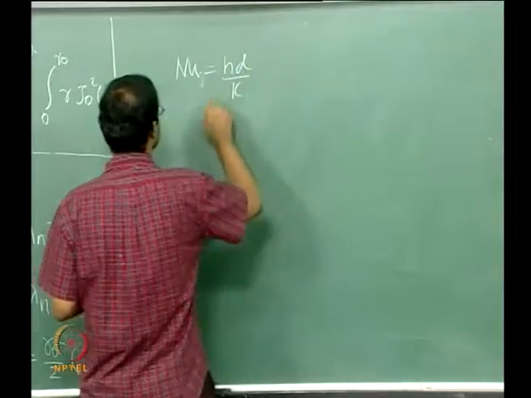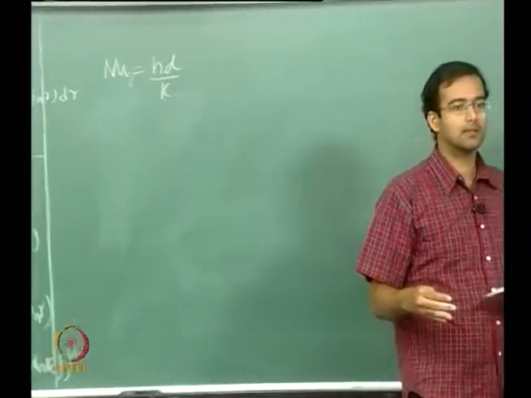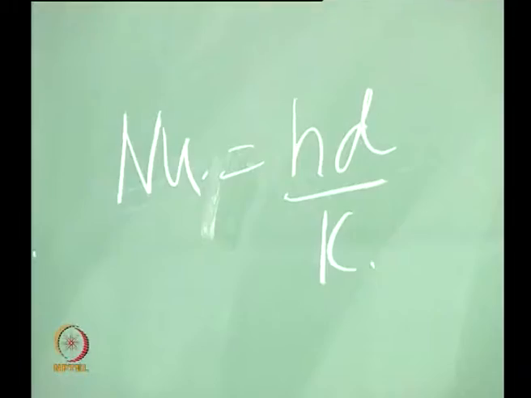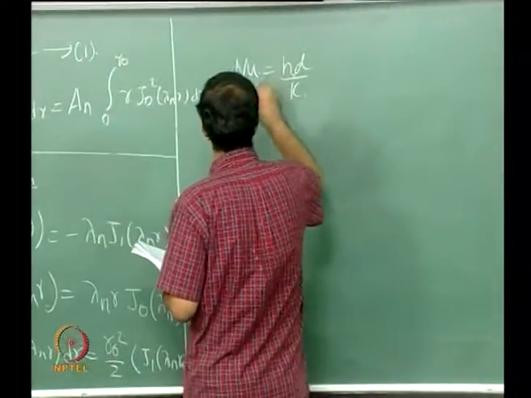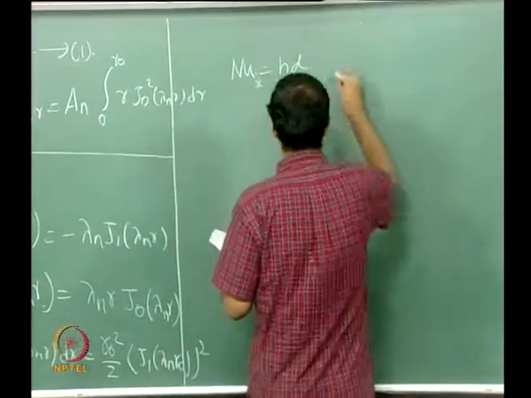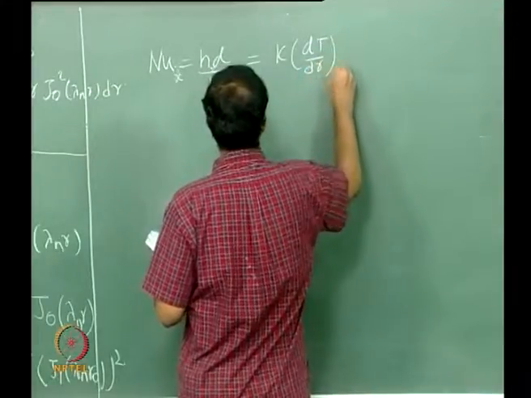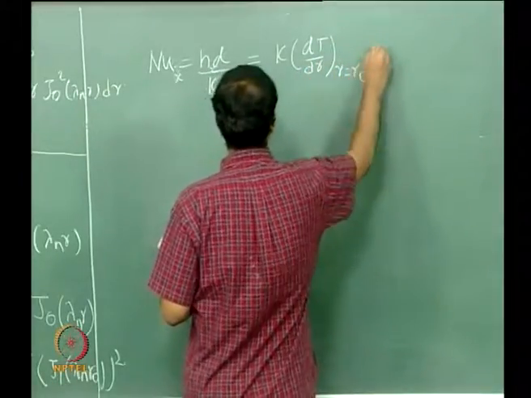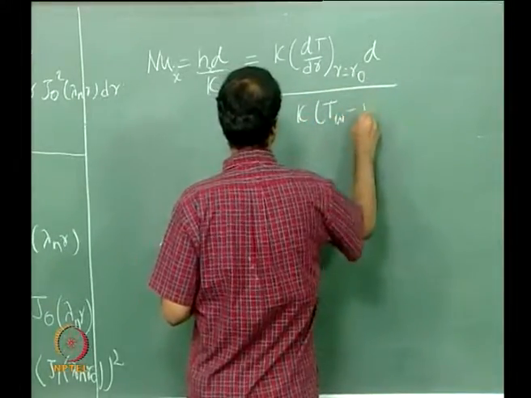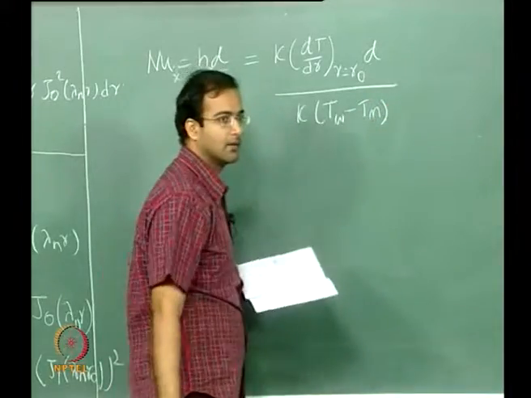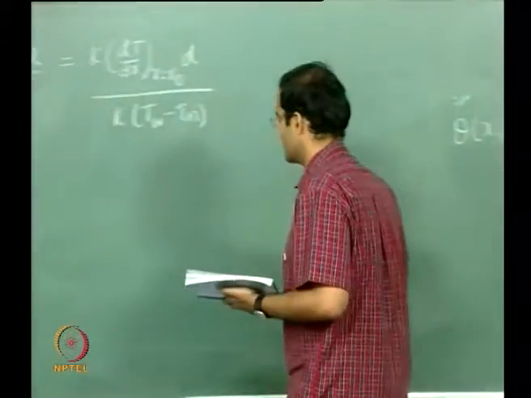Now you should be careful here that in the case of thermally developing flow, your h is not a constant, the h is a function of the axial location. So this should be strictly speaking h subscript x. So now you define this as k dT/dr at r equal to r naught into d by k into T wall minus T mean. This is how you express your heat transfer coefficient, wall flux divided by temperature difference.